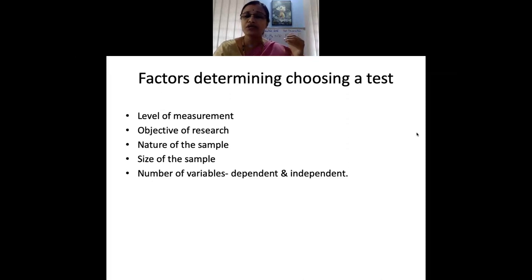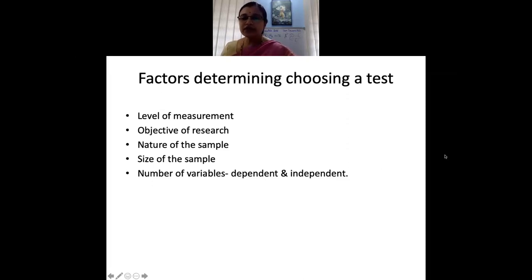Usually, once the data is coded, that can be done by the researcher himself or herself. Of course, you can take assistance from somebody, but it's always better that you enter the data as a part of the research so that you minimize your errors. Once you've entered the data, what is the next step?